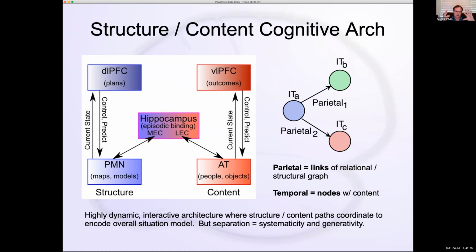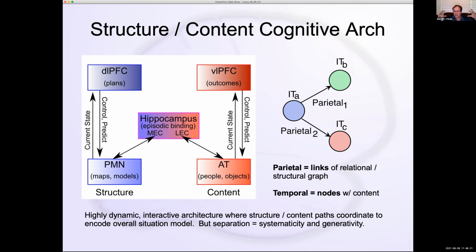And so these are all different ways of trying to think about the relationship among these structure and content pathways. We like to think about a modular, simple kind of thing where you're taking different parts of the brain processing information and handing it off to another part of the brain. Here, we're doing this really strange thing of putting all of the structure in one part of the brain and all the content in another part.